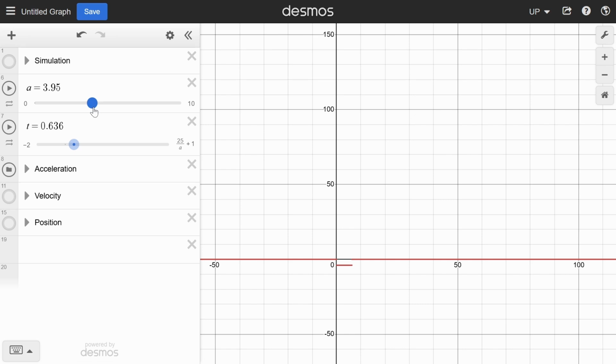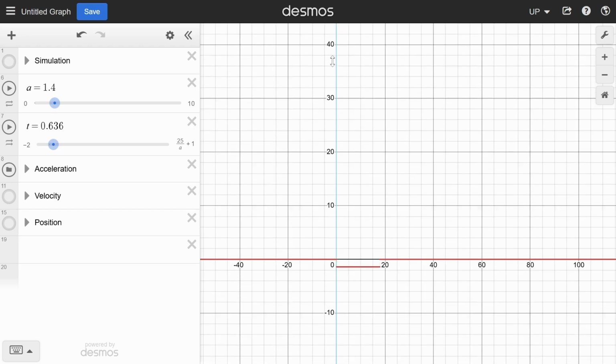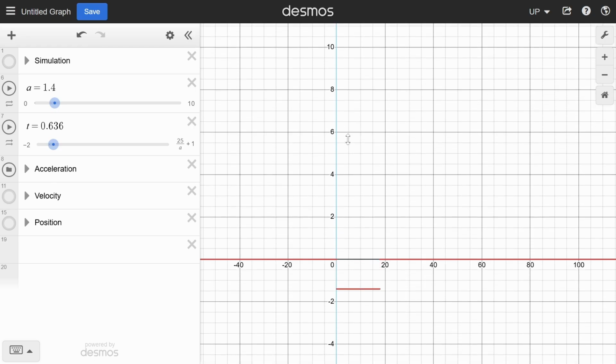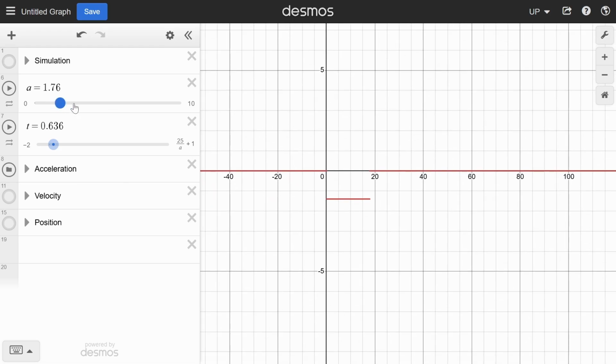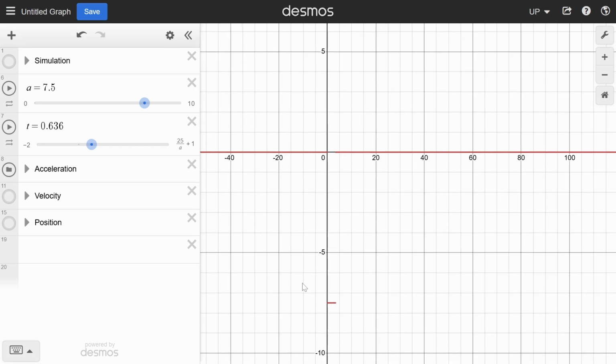You could see that if I decrease the acceleration, that means I am setting its height much nearer to 0, while if I set it higher than 10, its deceleration will be here. You could also do the integration from here, and using the initial condition of 25, you would be able to obtain this green function.